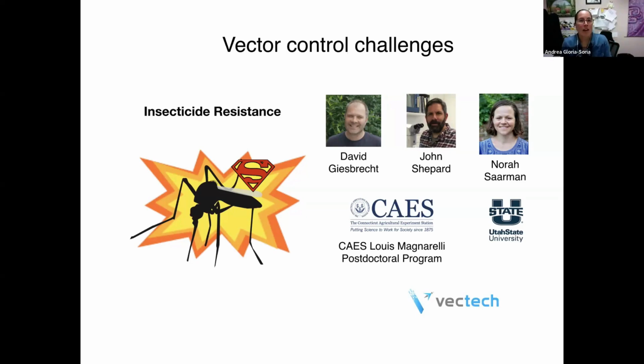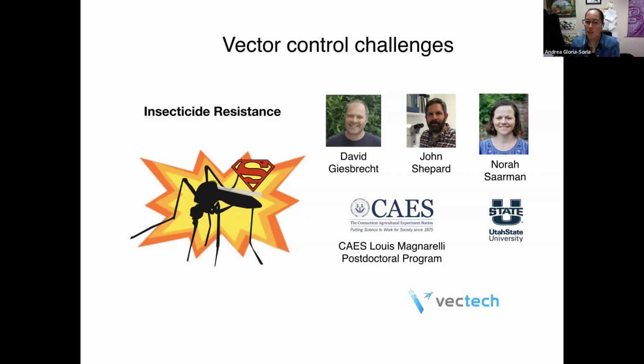Okay, so now I want to tell you about a more recent project that we started a couple of years ago, which is focused on insecticide resistance in the Culex pipiens mosquitoes. This work has been done in collaboration with a postdoc in the lab, David Giesbrecht, who is the leader on the next-gen sequencing, and has been funded by the Ag Station Louis Magnarelli postdoctoral program.